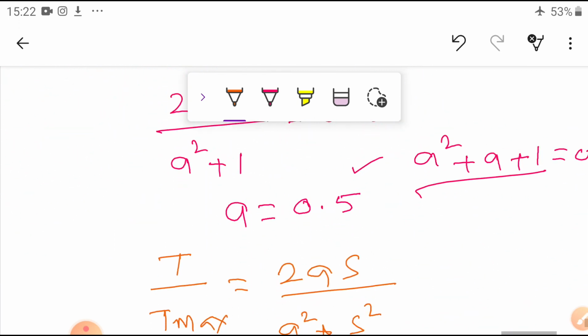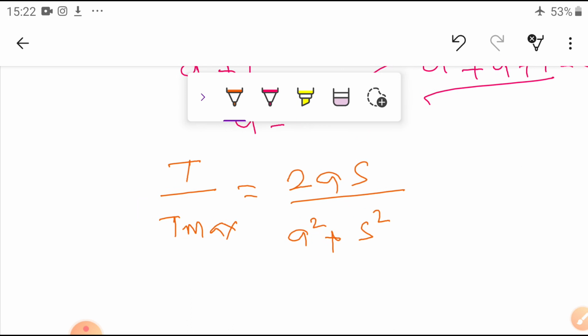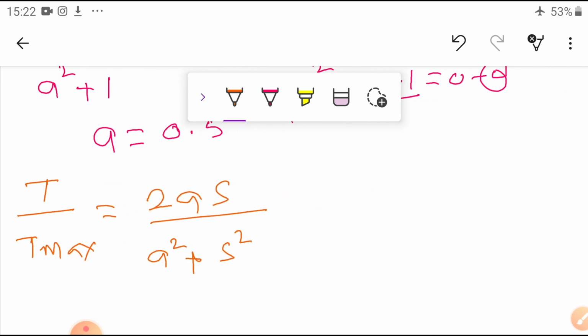What is the given condition? T max by T full load is 200%, it is given.